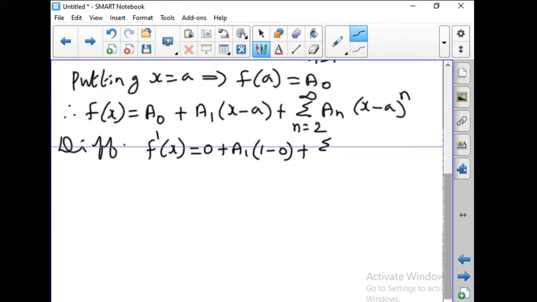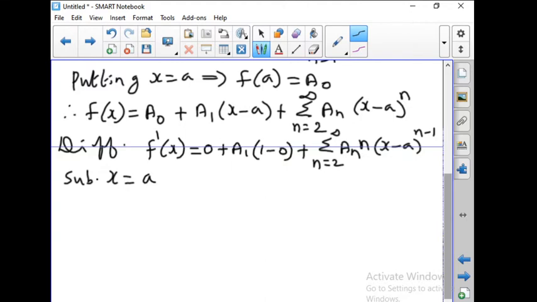So this is sigma n is equal to 2 to infinity an into n into x minus a the whole power n minus 1. Now again substitute x is equal to a.